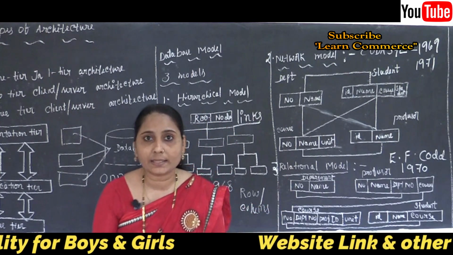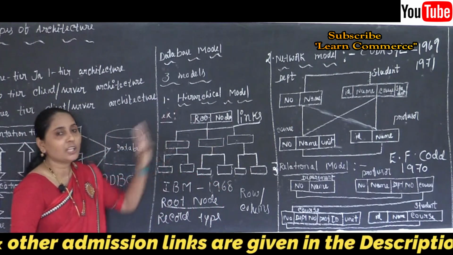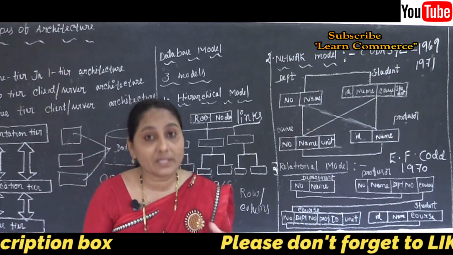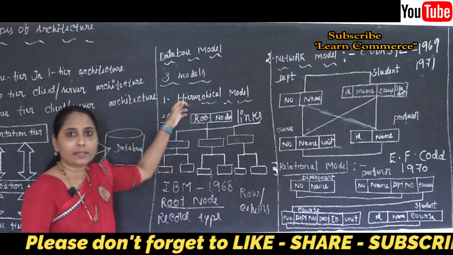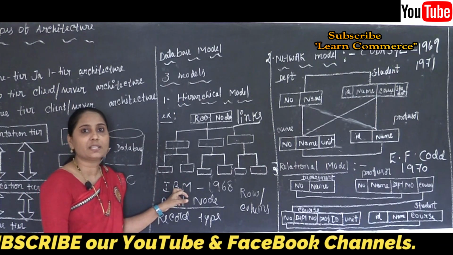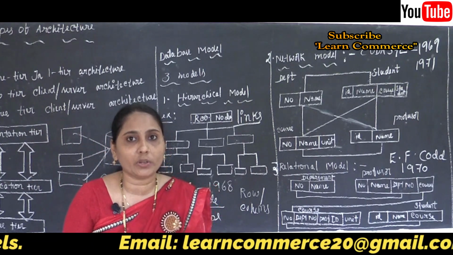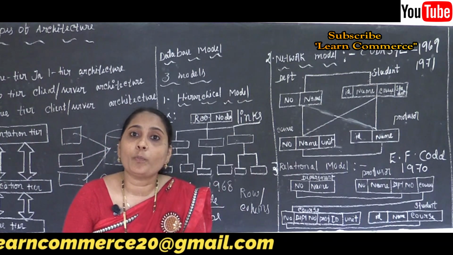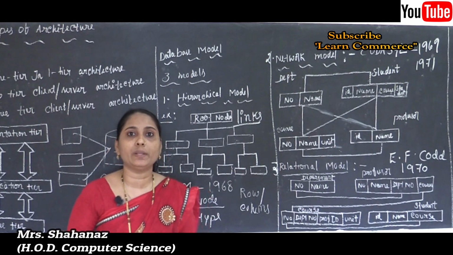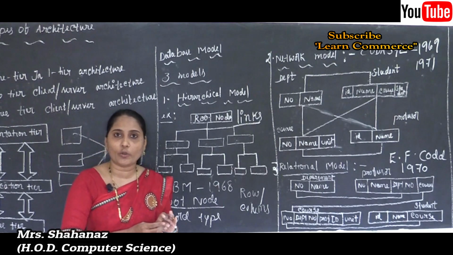So we can say that when you compare these three models, the relational model is much easier than the hierarchical and network database systems. Because of this reason, finally we can say that the relational data model has become more popular in fields like the educational field and the industrial field. Nowadays it is mostly used. Why?